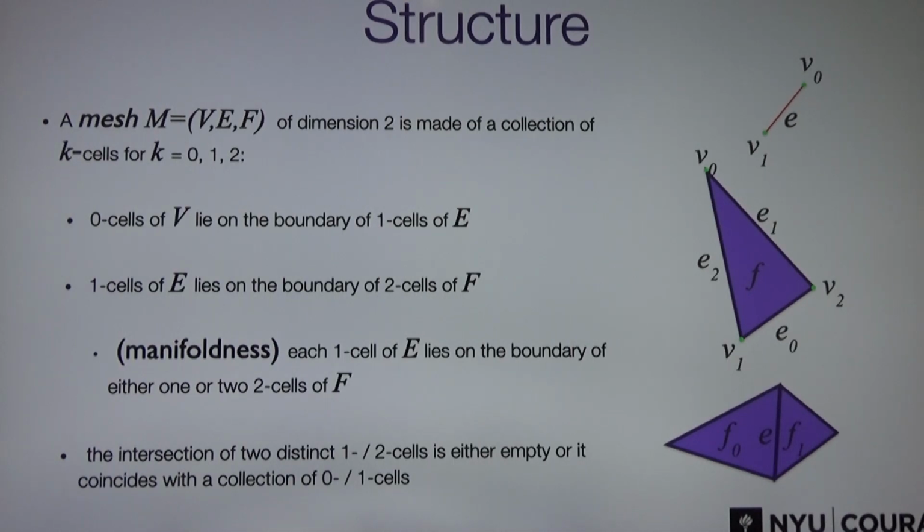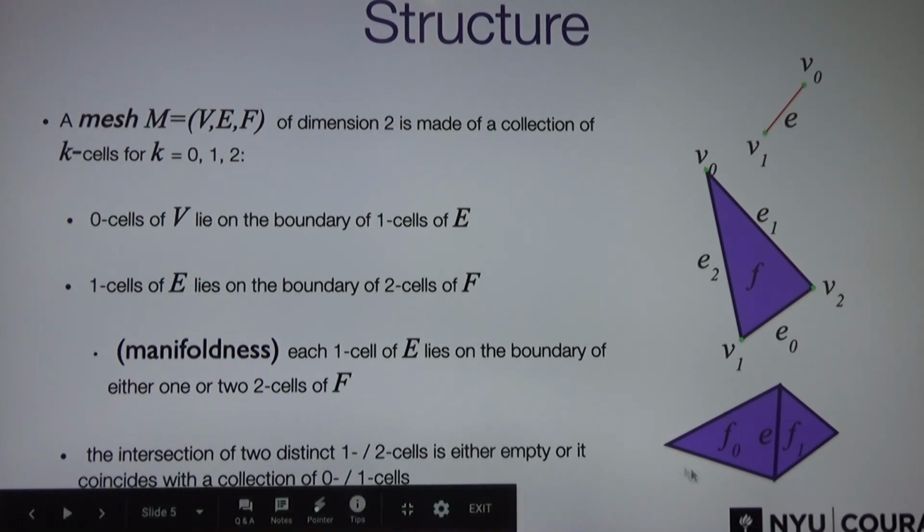So each one cell, which is an edge, should lie on the boundary of either of the faces. Each edge should be connected first to two faces, like this, and also it should be glued at the vertex points here.